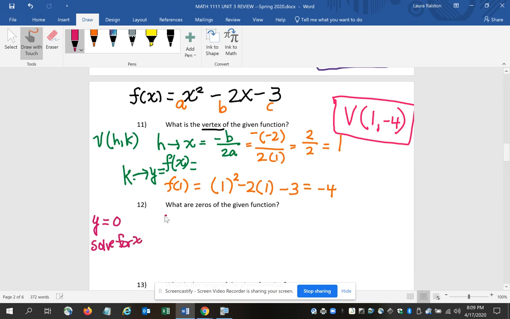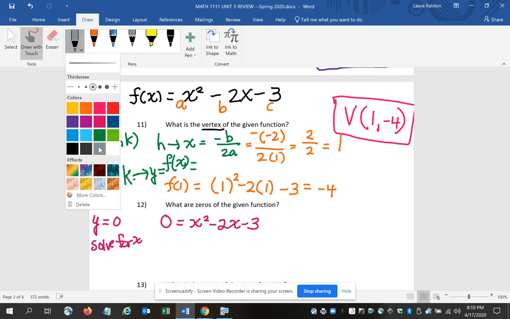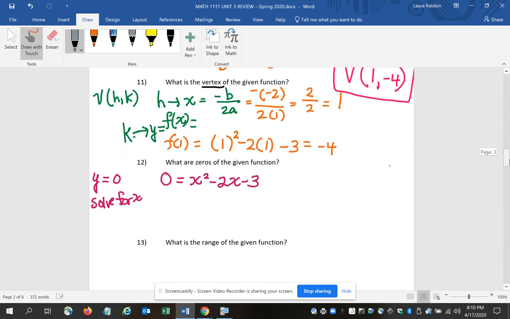And typically, to solve for x, we either factor or use the quadratic formula. Again, I realize that most of you are most likely using the quadratic formula, so that's what I'm going to use here. Okay, I could factor. I believe this one would factor, but I'll go ahead and do the quadratic formula.